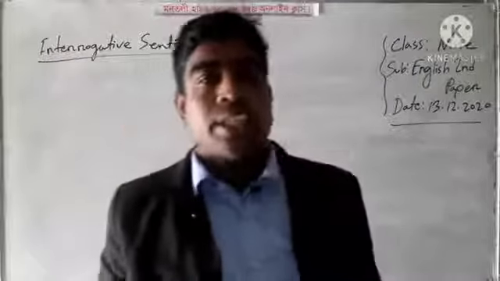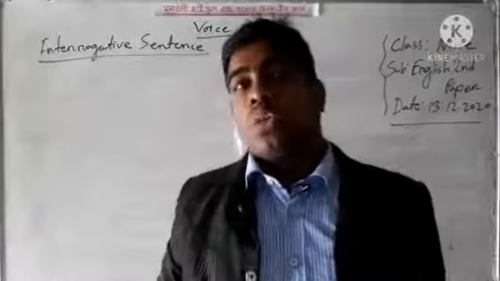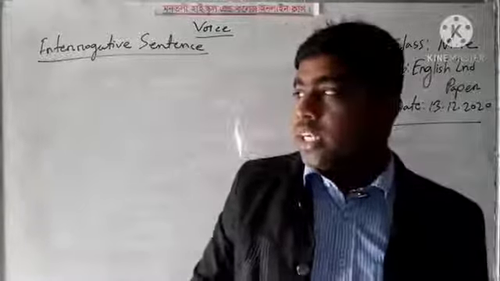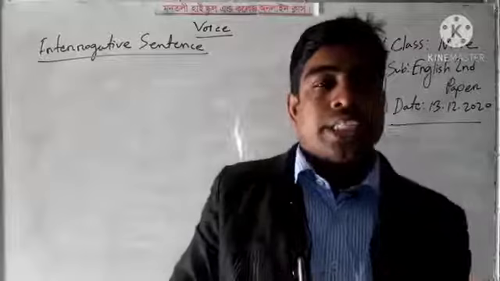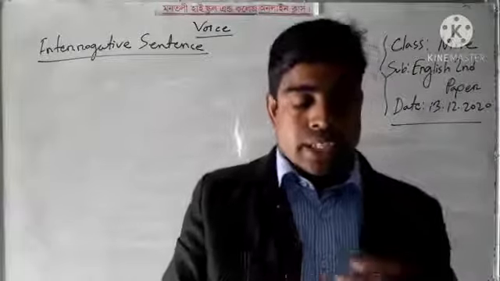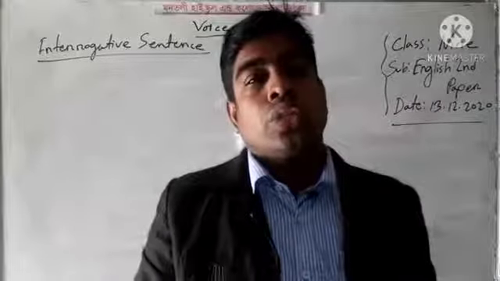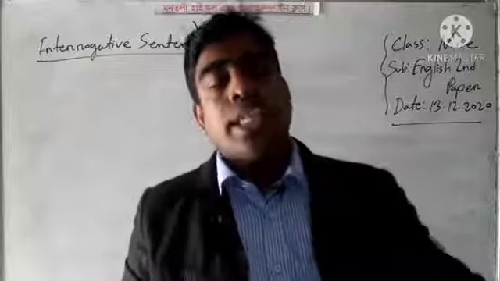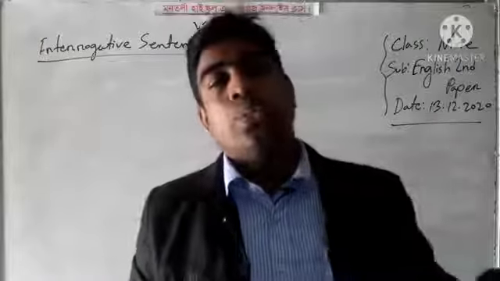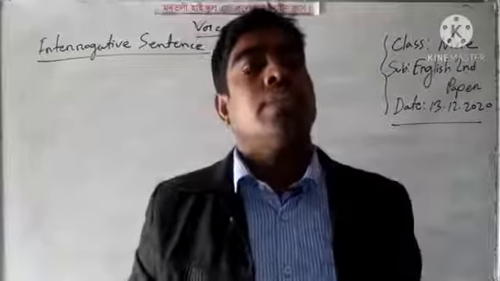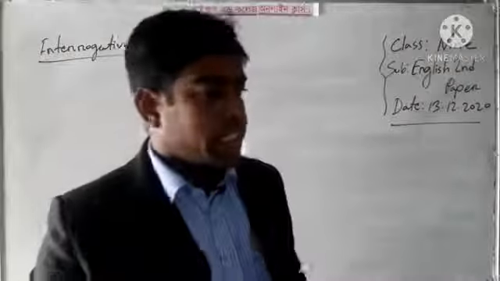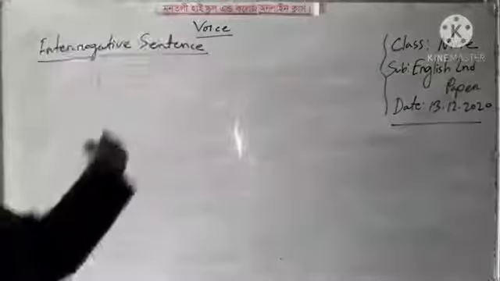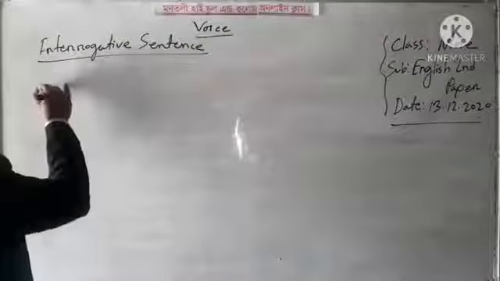Actually, it is not rules, I think it is the way how we can change it. It may create a direction for you to change active voice into passive voice of an interrogative sentence that starts with an auxiliary verb. Okay, dear learners, so now I can write here number 1.